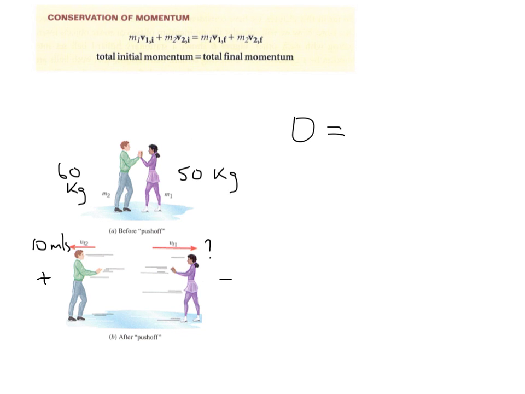So after the collision, he has a final momentum of 60 kilograms times his speed, which is 10 meters per second. And her momentum, we know, is going to be negative because she's moving the opposite direction. So it's going to be negative 50 times x, which is her velocity. So this is her velocity. She's object 2.